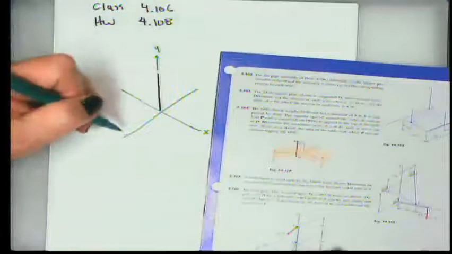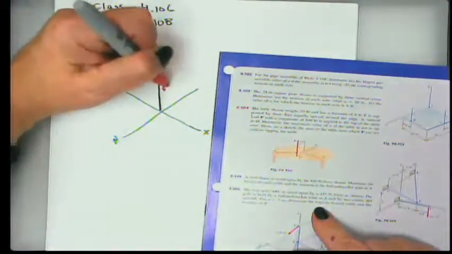So we have x and z. Okay, we have a 6-foot pole. I'll do some red here. So the pole is 6 feet tall.